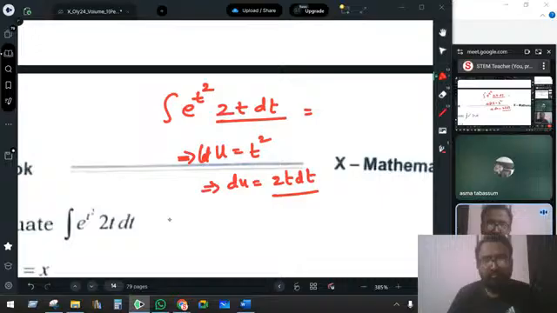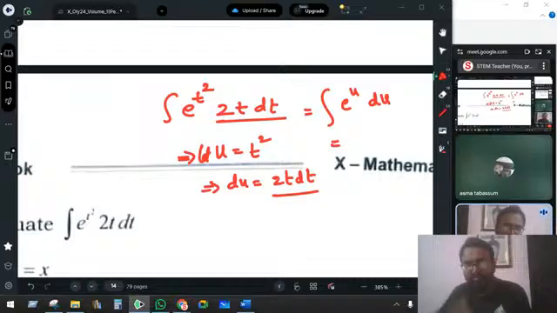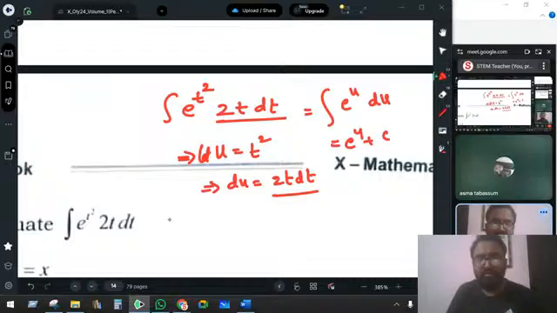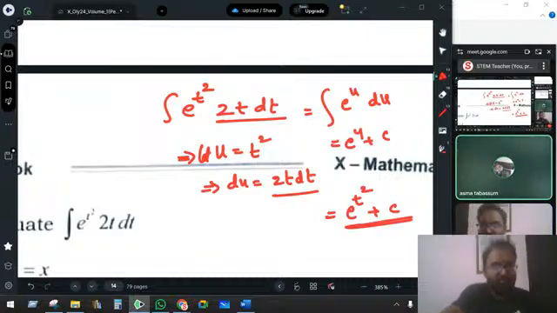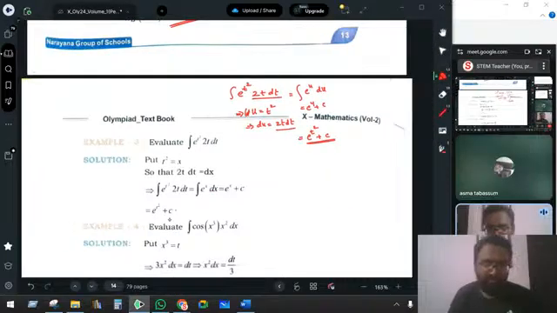Therefore it becomes e power u du, and the integration is e power u plus c. So your value will be e power t squared plus c.